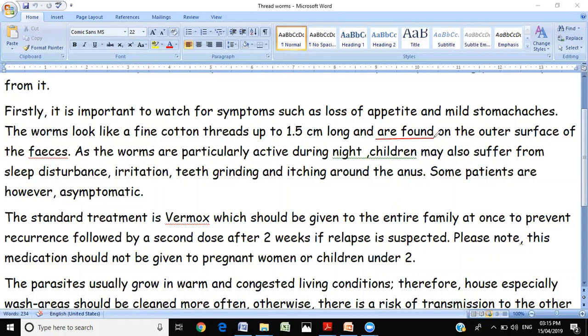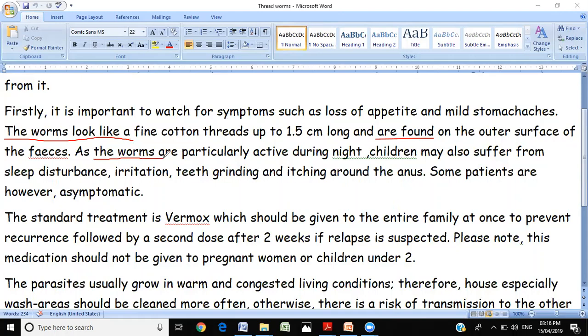Instead of saying you can find, we use the passive voice, are found. And this is our parallel sentence: the worms look like. The worms is my subject here, and the worms are found. Both sentences are in present tense and have the same subject, so the criteria for our parallel sentences are balanced. Also, every time I have not written threadworms, I have written the worms, so it's very clear.